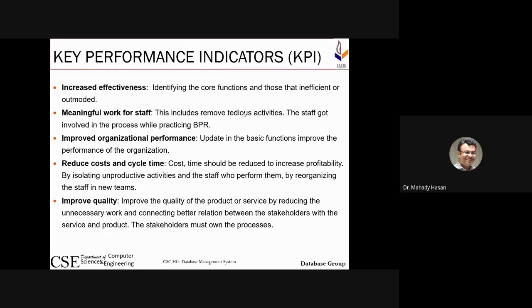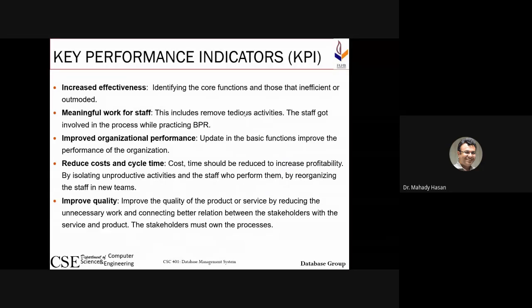So these are the KPIs. In your case, you have to think of these KPIs. That means for each and every process, you have to apply these 5 things. How can we make the process more effective? How can we provide meaningful work to the staff? How can we improve organizational performance?